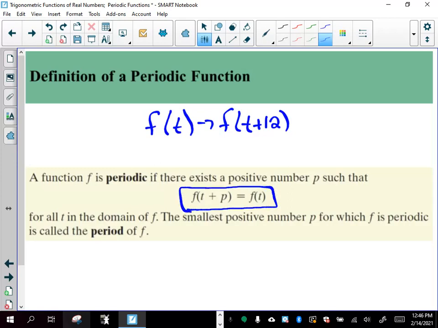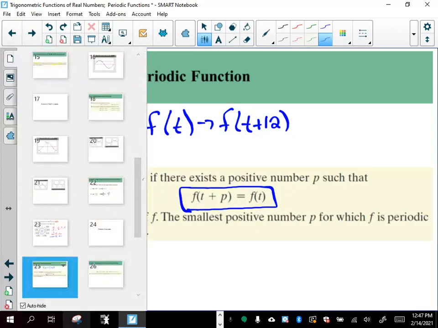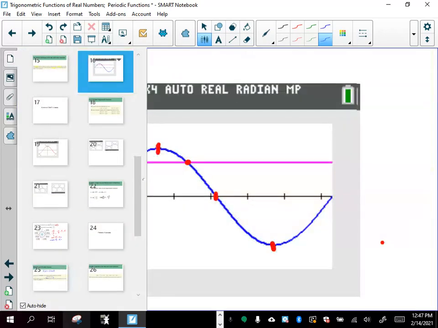So basically, this is what it's saying. In one specific full rotation, you will have two y values that will be the same when your x values are different. And again, I'm going to go back to this picture here.